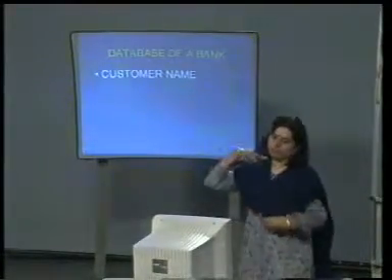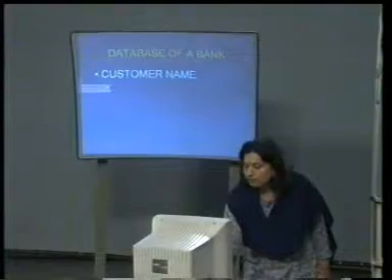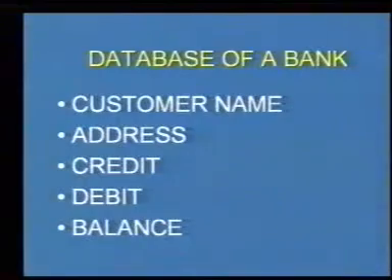Now we take up another example where I will like to differentiate between data and information. Let us consider the database of a bank. Database of a bank will have data regarding its customers. So the customer name, address, the amount he wants to credit, the amount he wants to debit, and the balance.